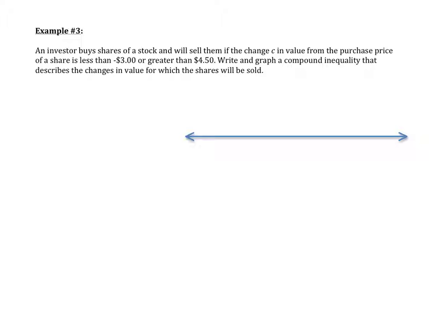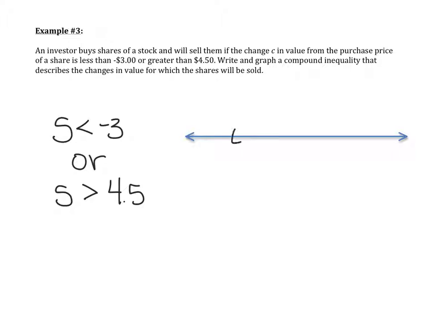So the shares will be sold if they are less than -$3, or the shares will be sold if they are greater than $4.50. So we have an or situation. We cannot write an or situation as one compound inequality like we can with ands, so I'm just going to go ahead and graph it. So I'd have an open circle at -3 going to the left and an open circle at 4.5 going to the right.